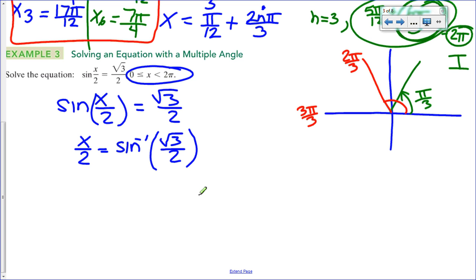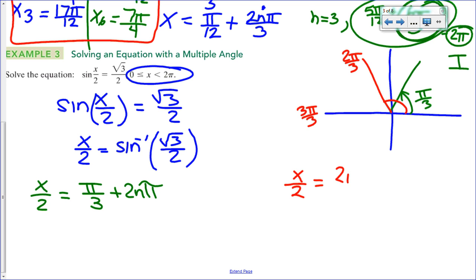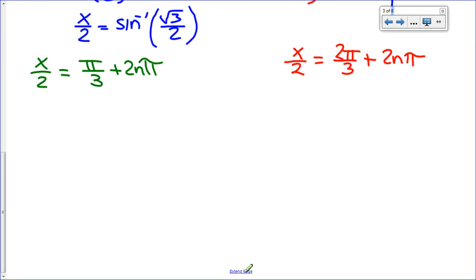So one of them will be x over 2 is equal to pi over 3. And just so you know what will happen, I'm going to go ahead and add that 2n pi. And the other one, the one with the red angle, will be x over 2 is equal to 2 pi over 3 plus 2n pi. Now you could see that the 2 is doing what to the x?